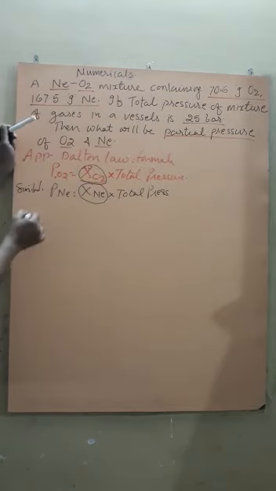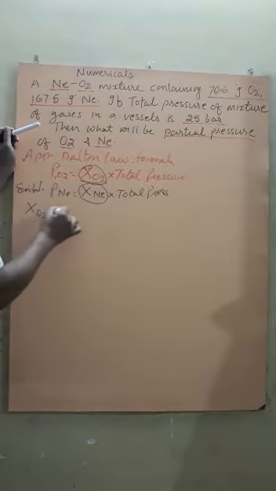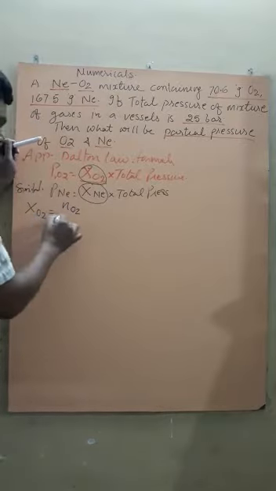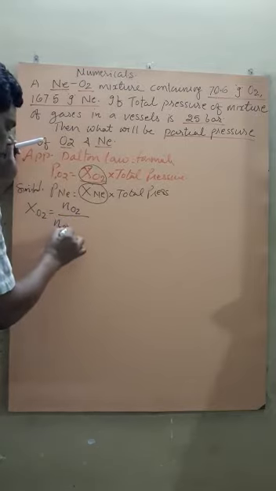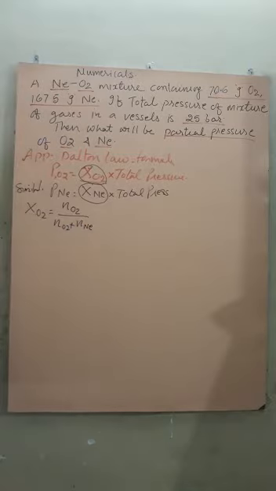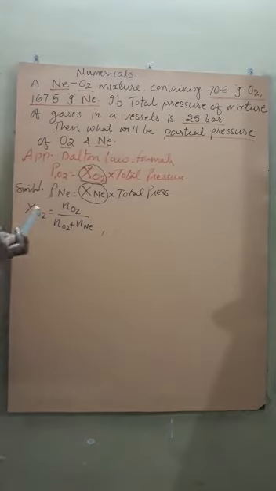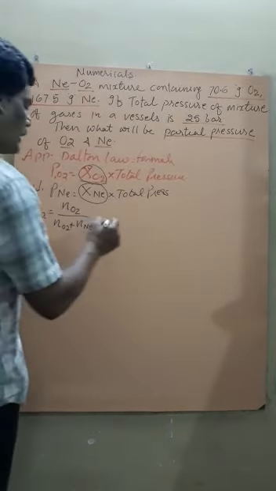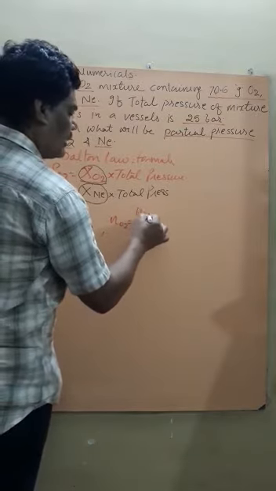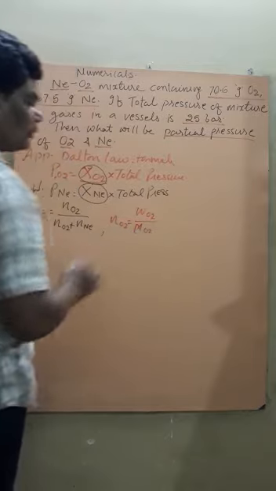How to find XO2? XO2, that is the mole fraction of O2, is equal to the number of moles of O2 divided by the number of moles of O2 plus the number of moles of Ne. Isn't it? Again, the number of moles is not given. So how to find the number of moles? The number of moles of O2 is equal to the weight of O2 divided by the molar mass of O2.